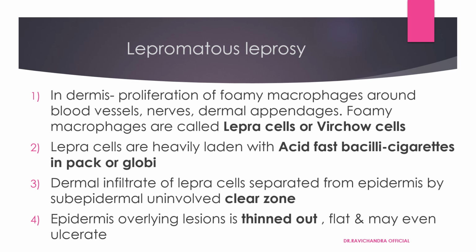Dermal infiltrate of the lepra cells separated from the epidermis by subepidermal uninvolved clear zone. So, clear zone is present in lepromatous leprosy. This can be asked for MCQ. Epidermis overlying lesions is thinned out, flat, and may even ulcerate.